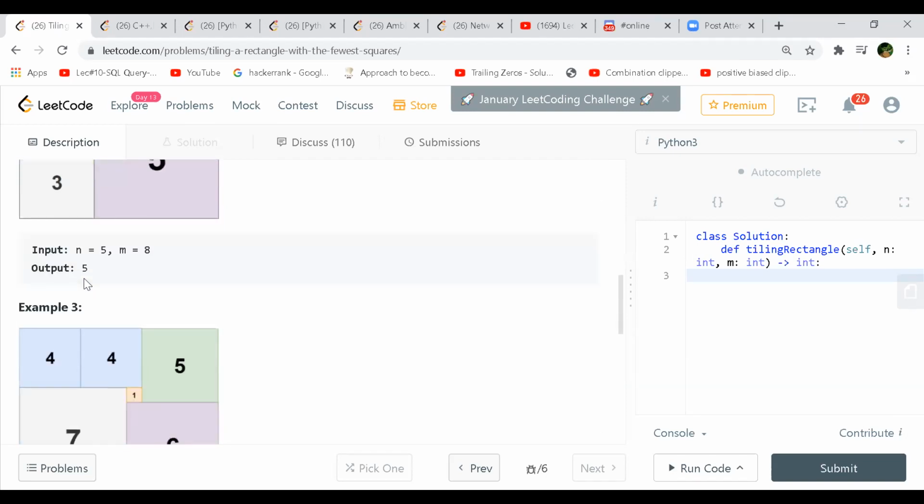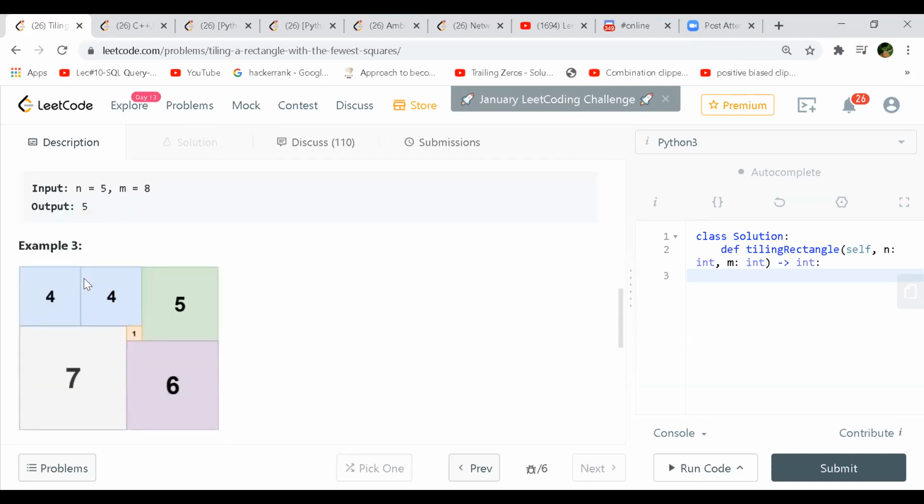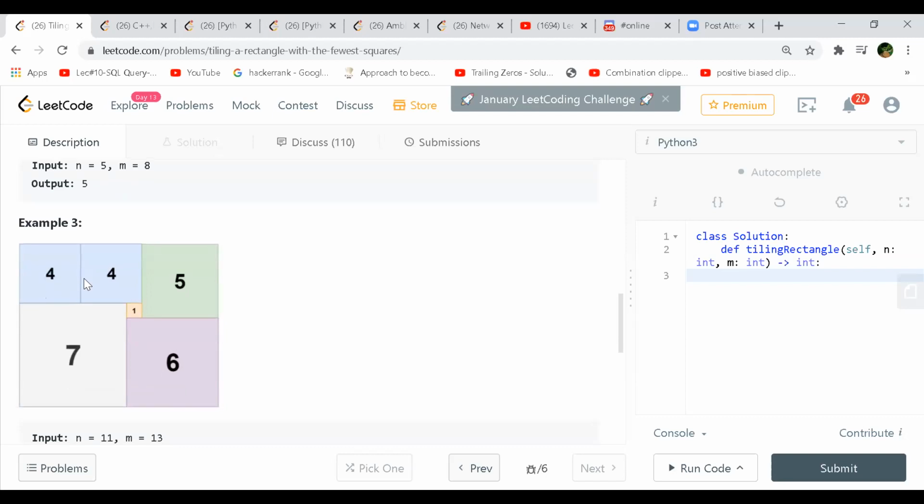And next, example 3 was interesting. What if, in example 3, we have 11 rows and 13 columns? If we make the square of size 11, how many squares do we need?